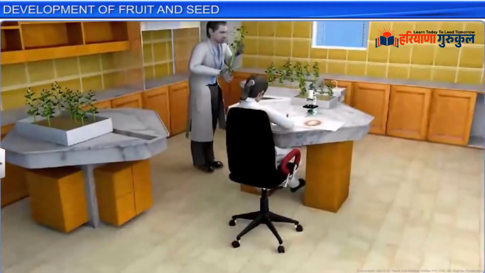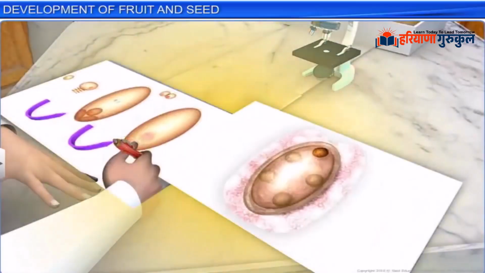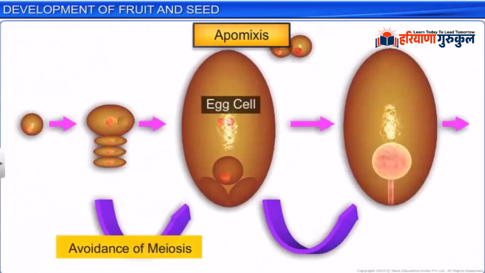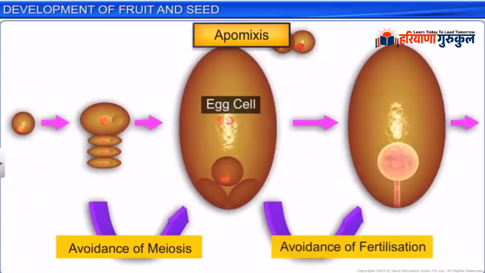To address this problem, botanists are trying to understand the genetics of apomixis and transfer apomictic genes into hybrid plants. Apomixis is a form of asexual reproduction in which the seeds or embryos are formed without fertilization.